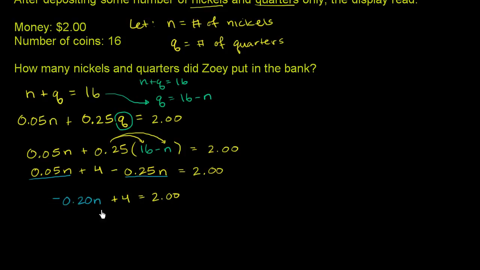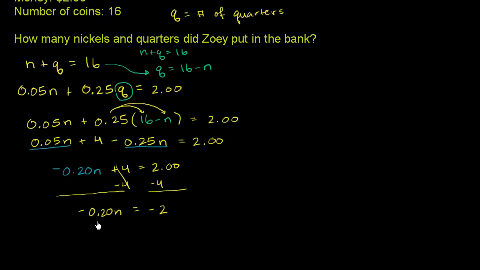Now we can isolate the n on the left-hand side by subtracting 4 from both sides. We are left with negative 0.20 n is equal to 2 minus 4, which is negative 2. And then we can divide both sides by negative 0.2, or negative 0.20, the same thing.